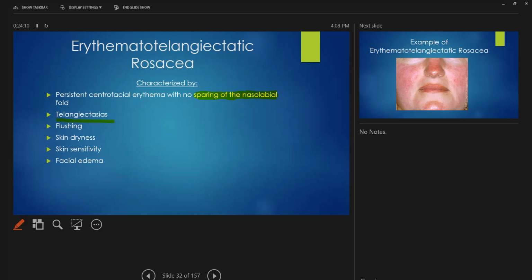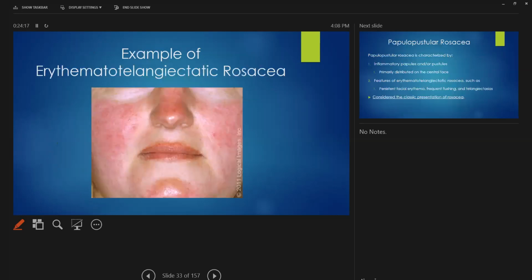So there's these telangiectasias, there might be some flushing, maybe some dryness, maybe some sensitivity, and maybe some facial edema from all the irritation. So here's an example. So these kind of vessels that you can make out here at the surface, how these almost look like broken blood vessels, that's the telangiectasias. There's the lupus.